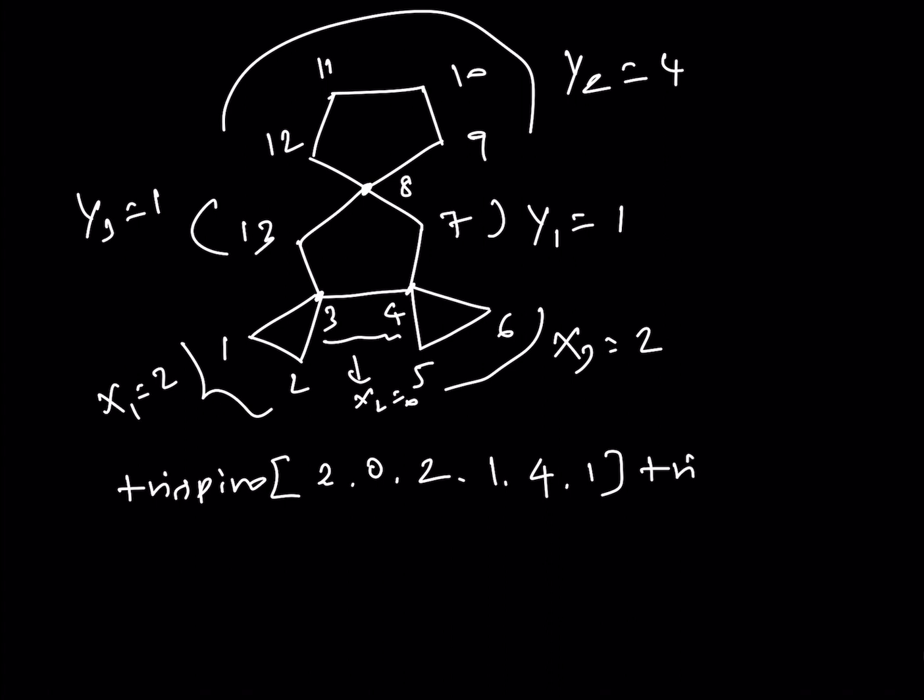Okay, tridecane. Now in this case too, if you mention the first spiro center on top of this 1 at the place of y1, then it becomes ambiguous, and therefore we need to mention it here.